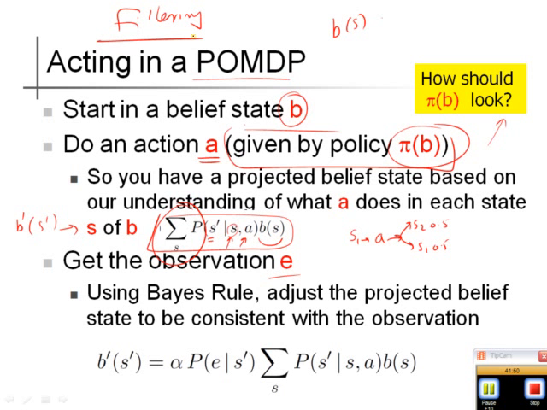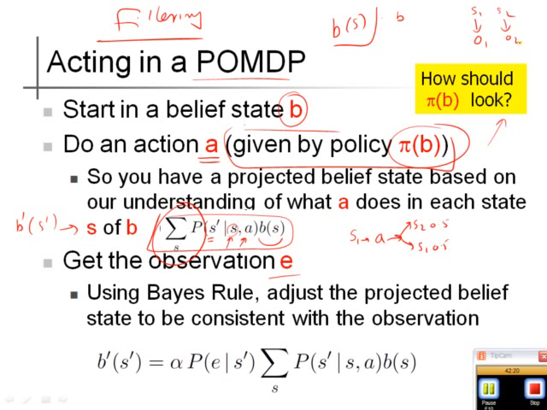So, in particular, think about the following scenario. Suppose I only have two states, S1 and S2. Suppose my observation model is such that S1 is the only one which will give observation O1, and S2 is the only one which will give observation O2. That's possible. It's a specialized POMDP, but it's still a POMDP. In fact, it's an MDP in this particular case.